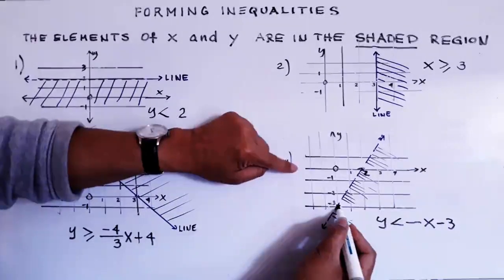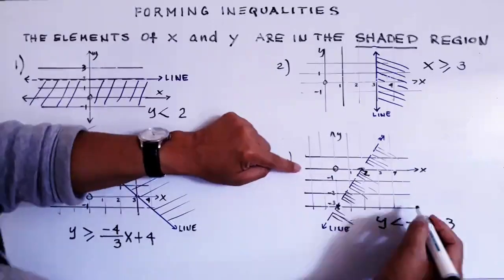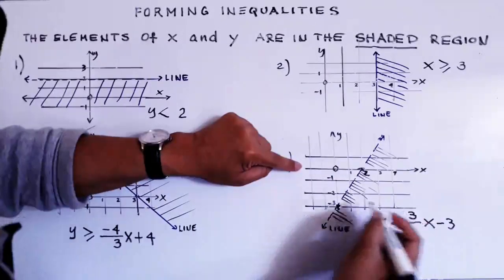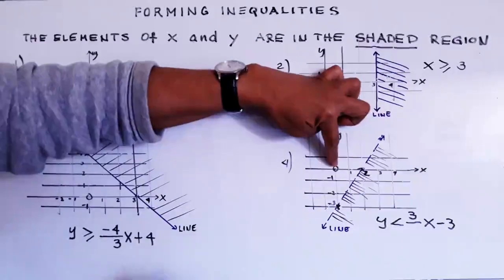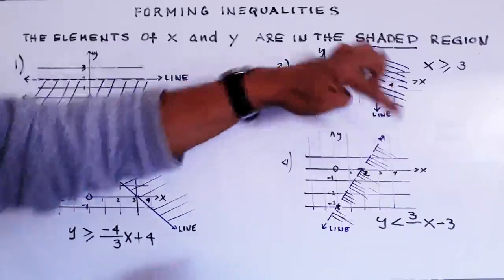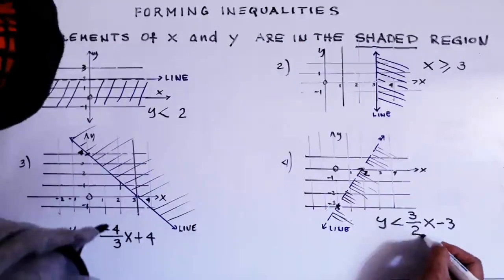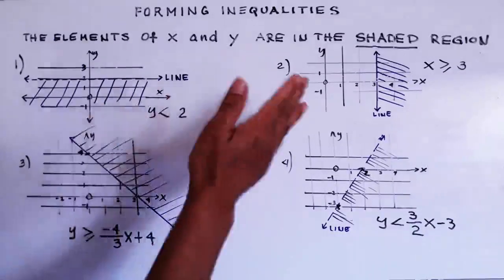So we go up 1 and 2 and 3. So we put the 3 here positive because we are going up. And you are here now, and then we go to the right. It is also positive. 1 and 2. So we have 2 here. And that is how to form inequalities when you have the graph.